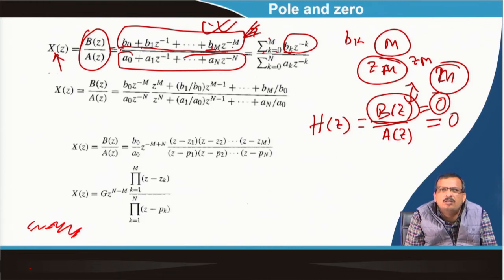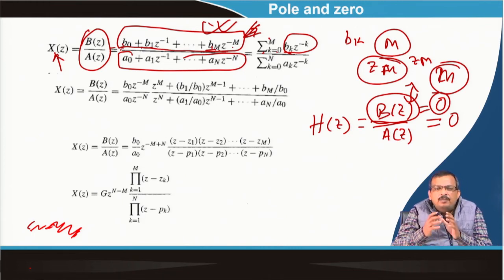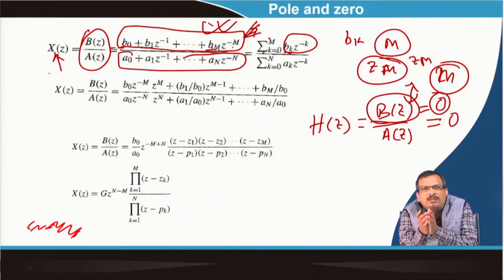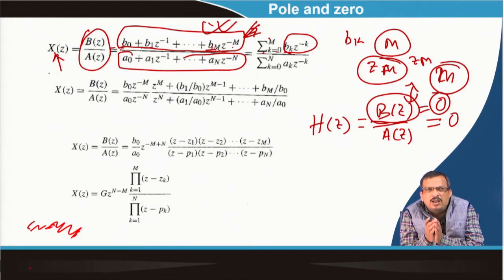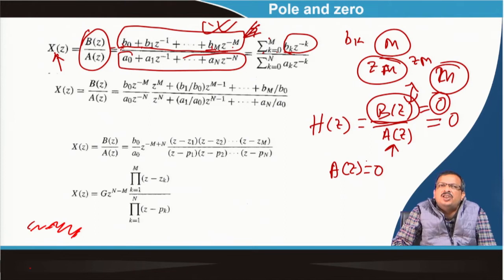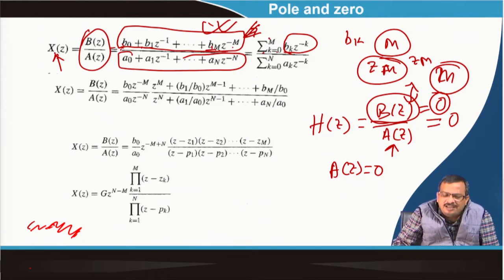Generally, the physical concept of a zero is that for those values, the value of the transfer function becomes 0. Now, what is the pole? Pole means the value of z for which A(z) becomes 0. Once A(z) becomes 0, what is the value of H(z)?